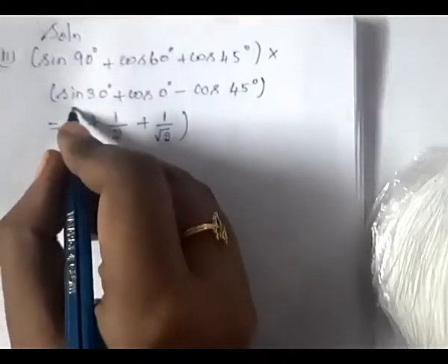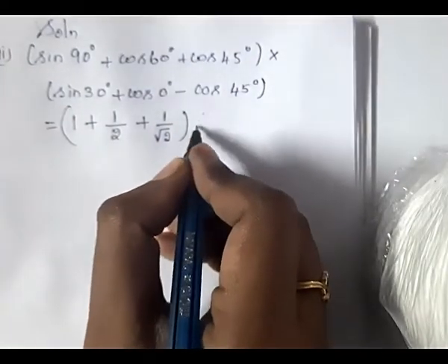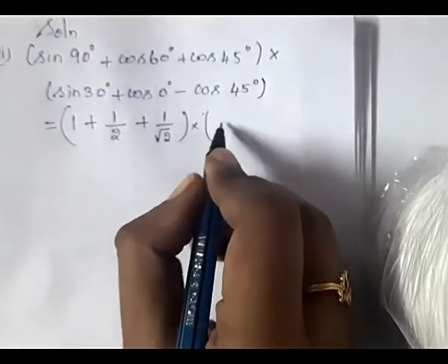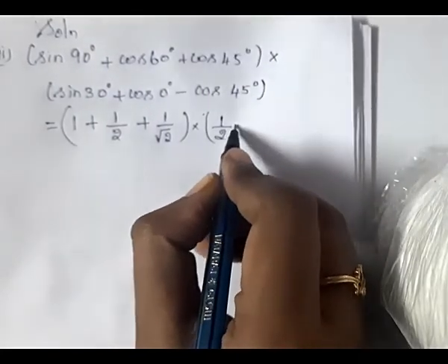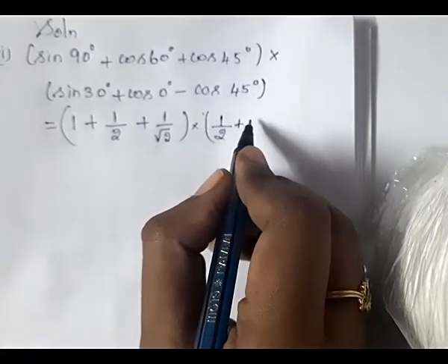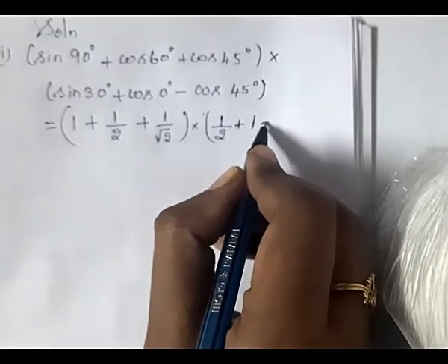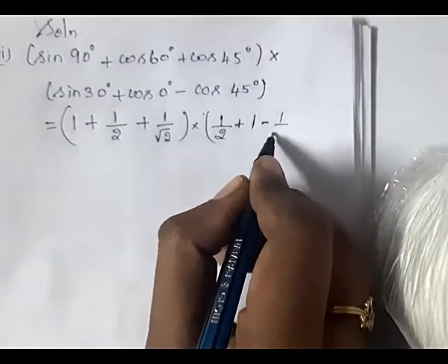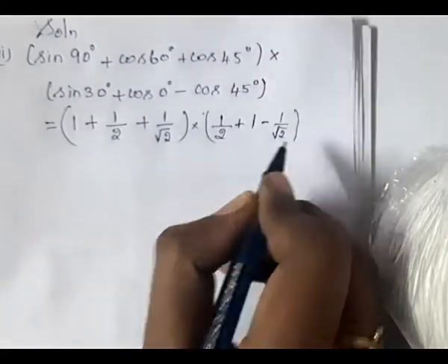So first part over into second part, sin 30 degree value is 1 by 2 plus cos 0 degree value is 1 minus cos 45 degree value is 1 by root 2.